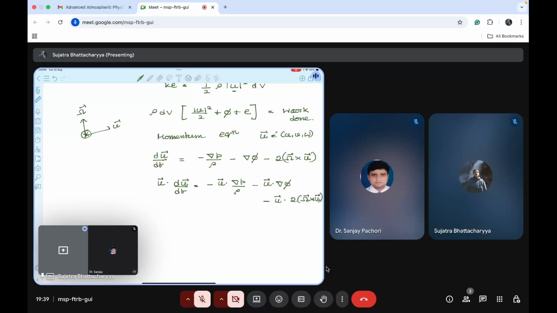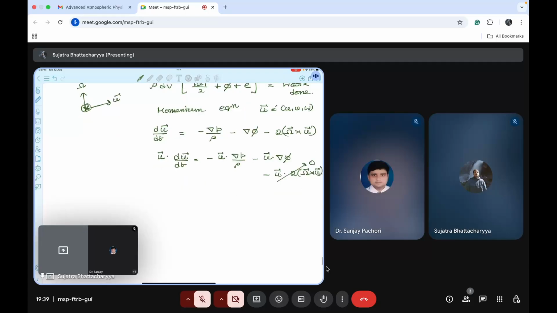That is the direction. Now, if you dot with u, u is perpendicular to this cross direction, so the dot product will be 0 because the angle between them is 90 degrees. So dot product when the angle between the two vectors is 90 degrees is 0 because cos 90 is 0. So this is gone. What about this? Can I write this as d dt of mod u square by 2?